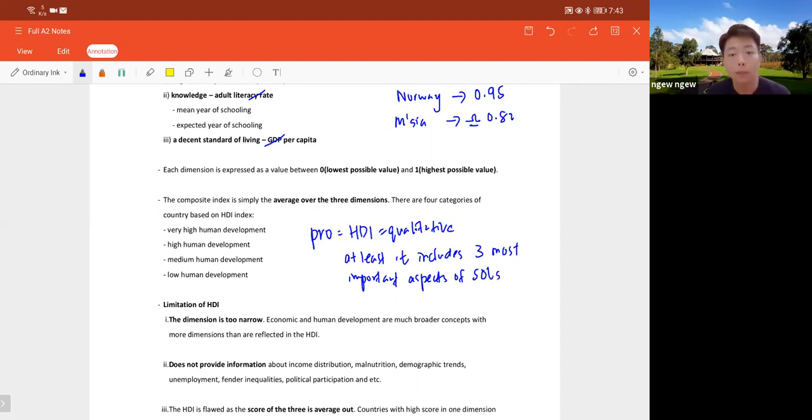The 3 most important aspects are actually education, healthcare, and our GDP per capita. Because GDP per capita will affect how much consumer goods you can consume. And the level of healthcare and education will basically affect the social progress of the particular country.